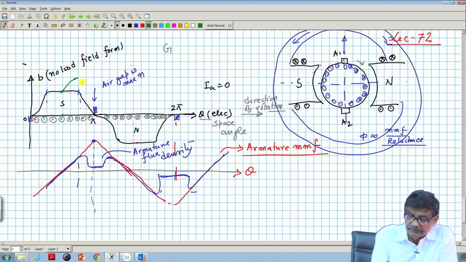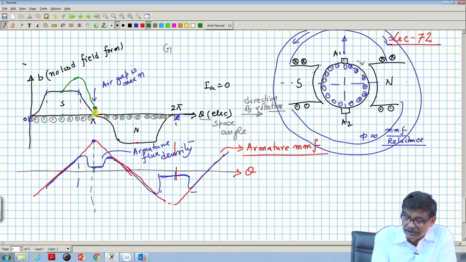Then after some time you go up to this point, then after some time this plus this plus this you do, and here it is 0, but here it is some finite value. So, this armature MMF resultant field will be somewhat like this, got the point.